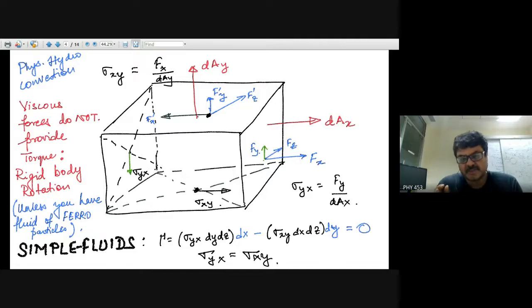Now, suppose this was a very small element of fluid whose center of mass is not moving, and this is important because we'll see why.